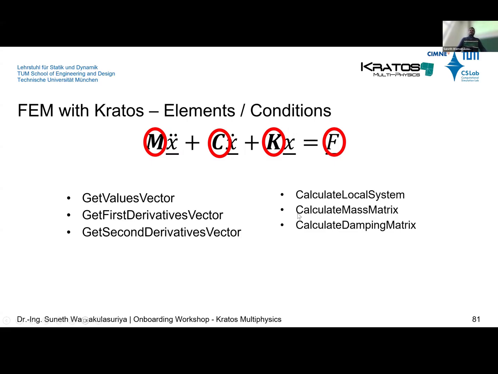Then for transient only, we have additional methods like calculate mass matrix, or calculate damping matrix. It's not conversion, it's damping matrix, called actually in Kratos. There are a lot more other methods also, which are not included in this course, but you can check them in the element.h later.